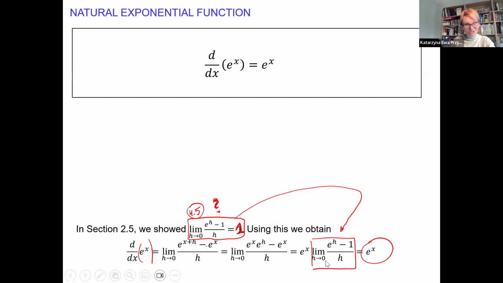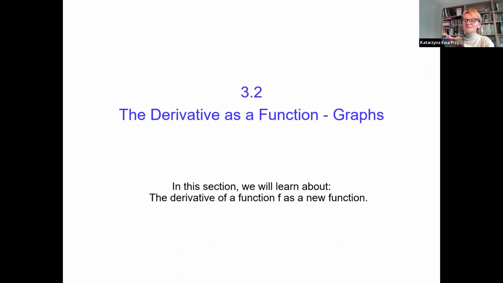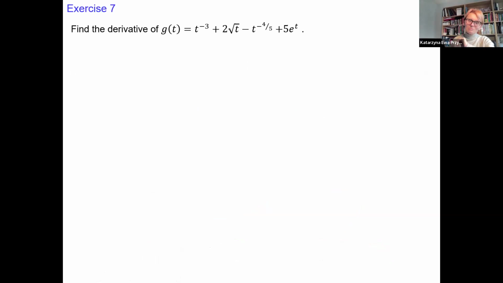But for now, this is the formula, because somebody asked what the formula of e to the x is. The derivative of e to the x is just e to the x. Okay, that's it. We can skip this question, because this one is just applying the power rule, and e to the t is e to the t.